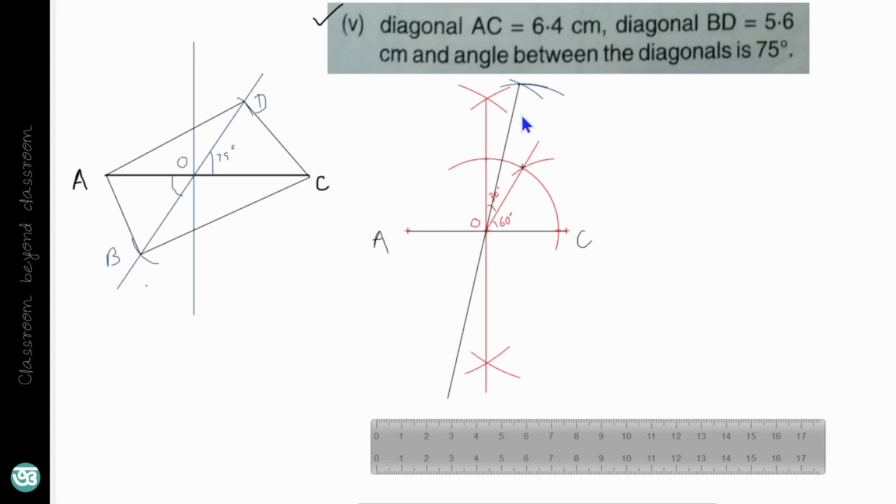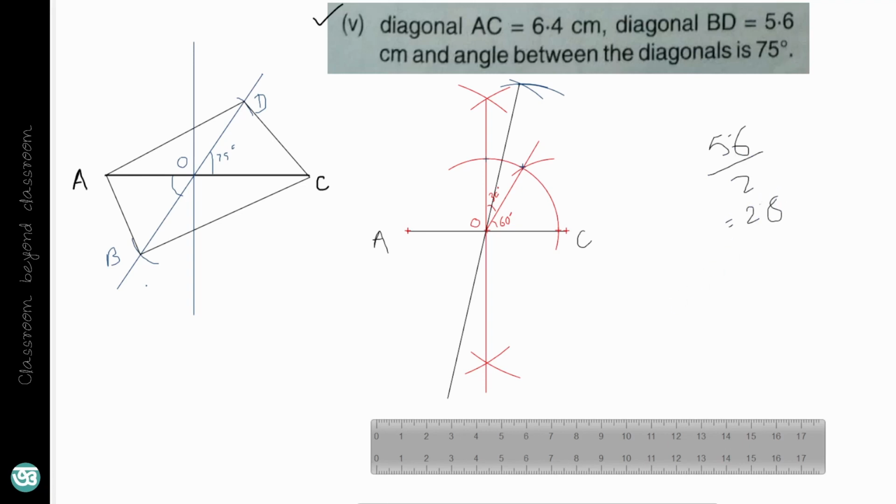Now distance BD is given, that is equal to 5.6 centimeter. But BD is bisected by diagonal AC. So OB is equal to OD, that is equal to half of BD. So 5.6 divided by 2 and that is equal to 2.8 centimeters.